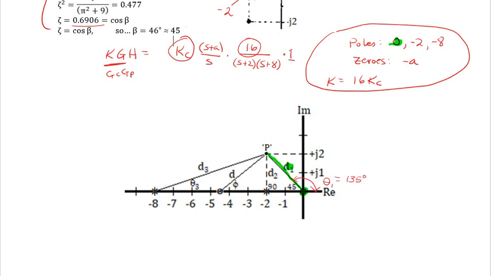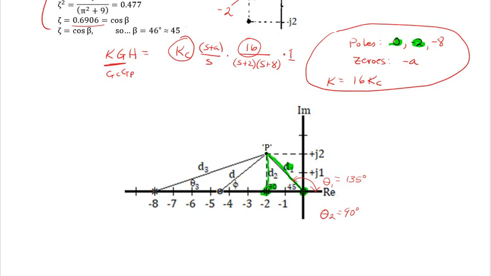Then we've got theta 2, which is for this pole that's right here. That one's the easiest one of all. It's just straight up, 90 degrees. So theta 2 is 90 degrees. And I'll write these in a little nicer form in a moment.